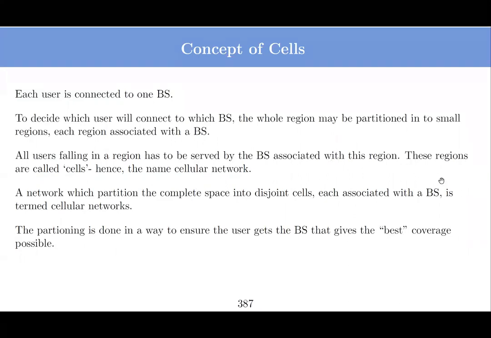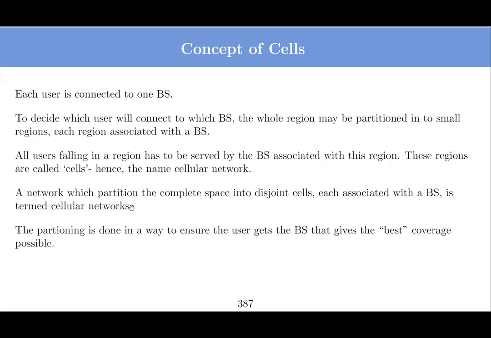These regions are known as cells, association regions or coverage cells, and the user will just find out in which cell it falls and then connect to that base station. These cells are predefined based on some criteria, and that is how the name cellular network comes about, because this network is made from multiple cells.